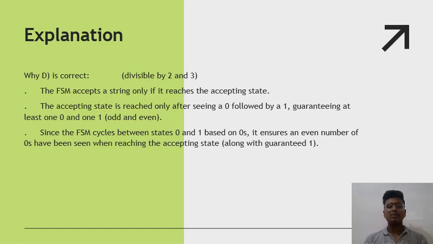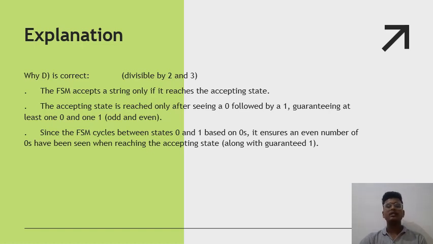So D is the correct option. Why is D the correct option? Because the FSM accepts a string only if it reaches the accepting state. The accepting state is reached only after seeing a 0 followed by a 1, guaranteeing at least one 0 and one 1, odd or even.